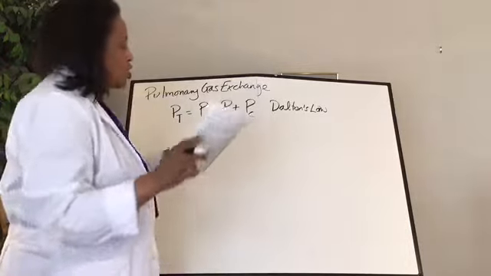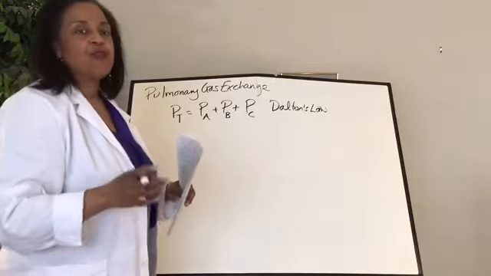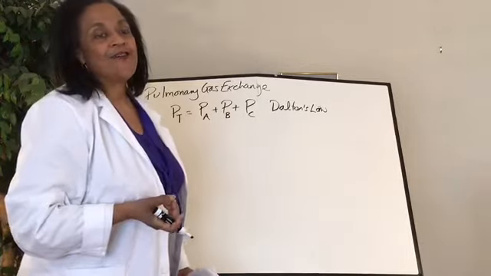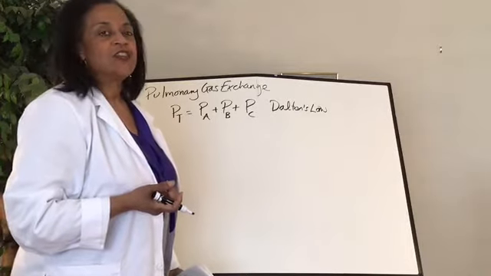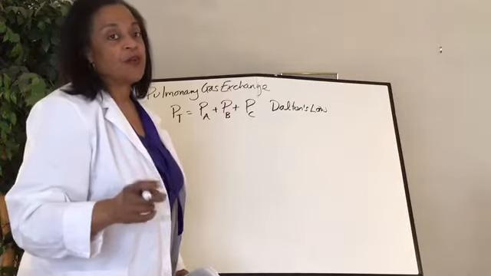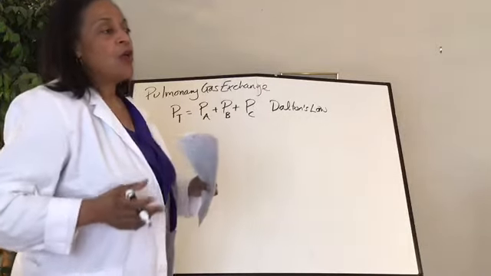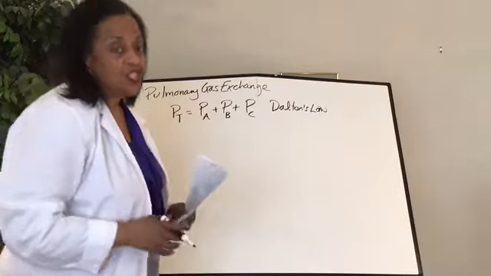Now we know that our total in our atmosphere, what was that number I asked you to remember before? It is the number du jour of respiratory. Good. 760 millimeters of mercury. So when we talk about pressure, we have to remember the units, millimeters of mercury, mmHg.